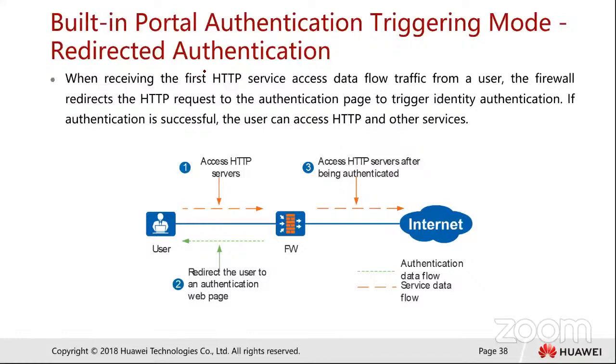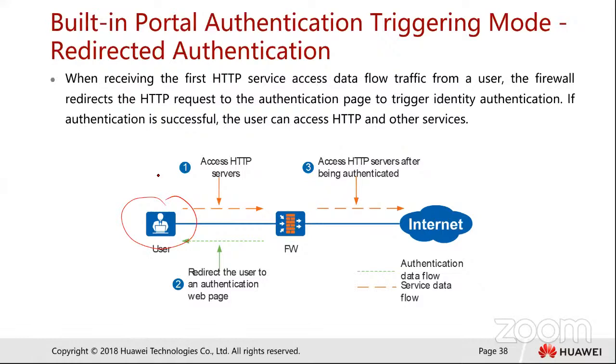So with the built-in authentication triggering mode, redirected authentication, when receiving the first HTTP service access data flow from a user, the firewall will redirect the HTTP request to the authentication page to trigger identity authentication. And if authentication is successful, the user can access HTTP and other services like here.